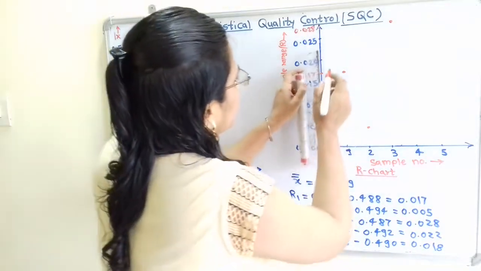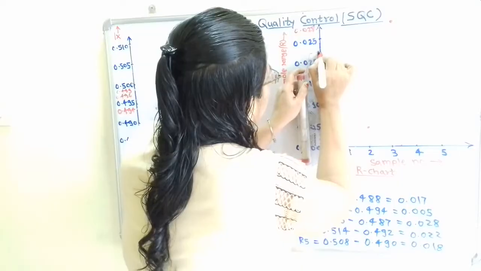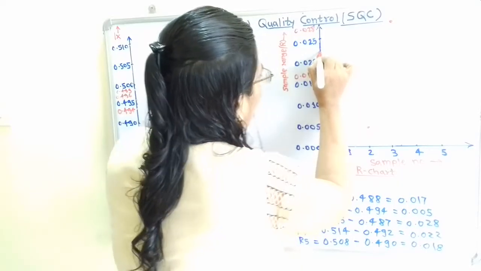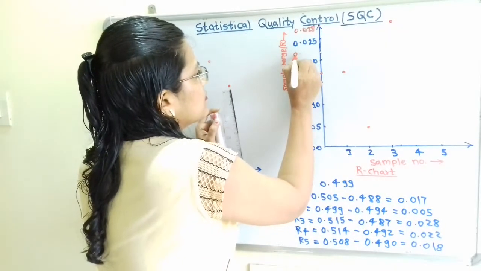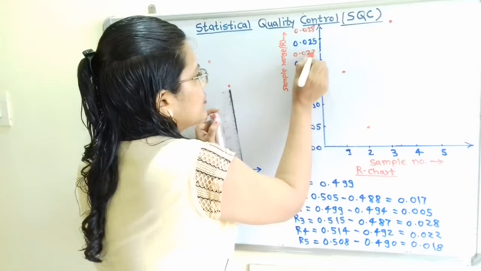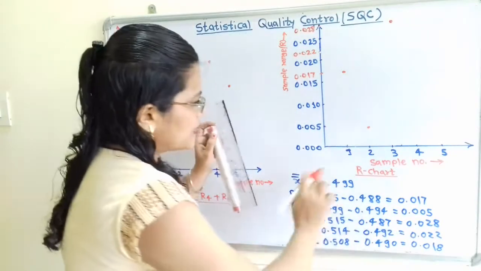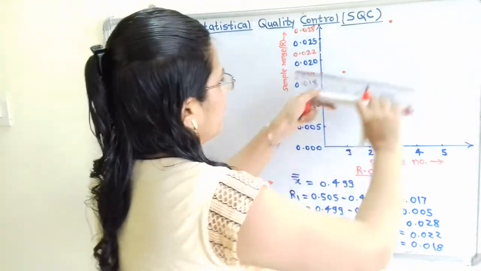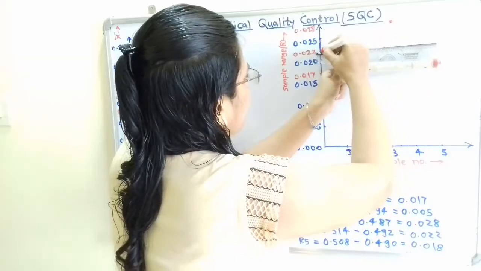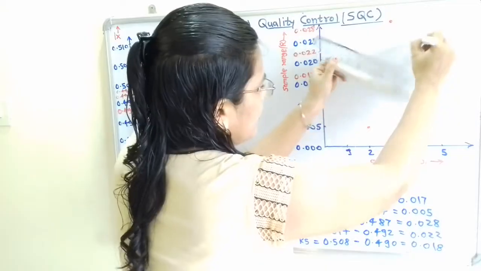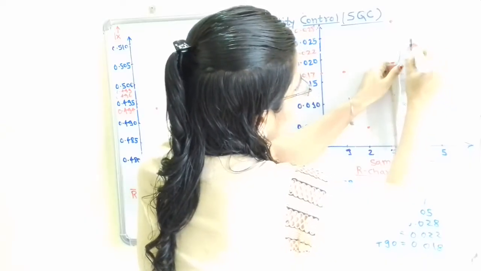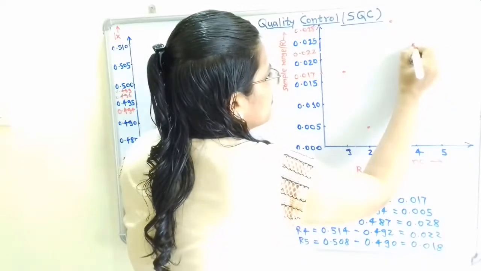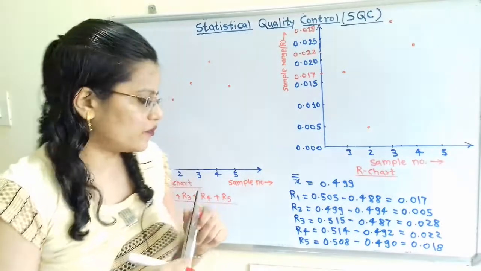So I will take 2 centimeter distance and I will mark here 0.022. Then this is our sample number 4. If I take this horizontal line and here is the vertical line, then here is the point of intersection. So this is our fourth reading.